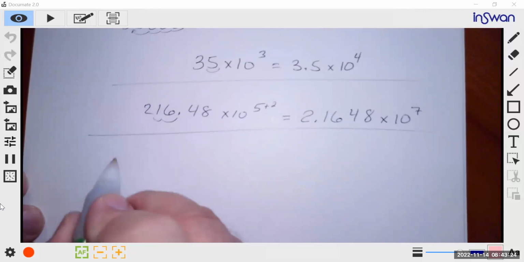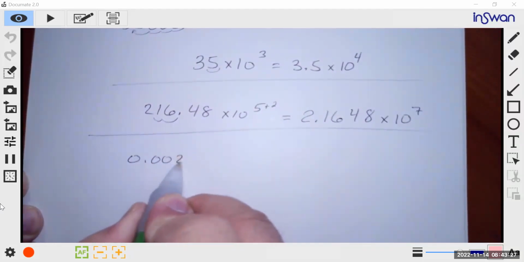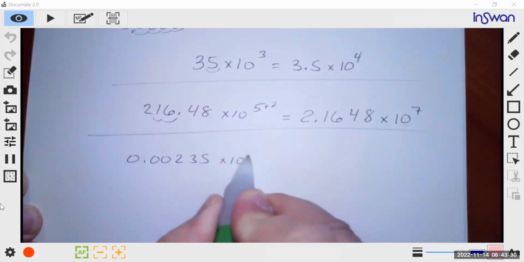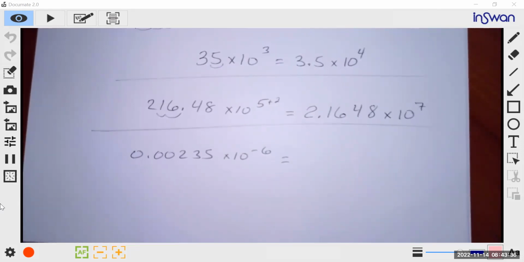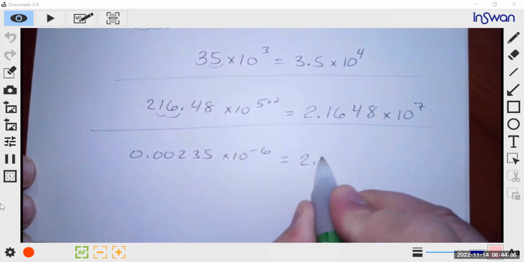Let's look at a small number. So the number part's going to be 2.35.